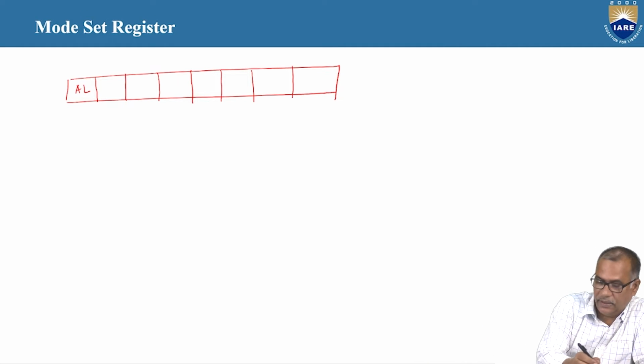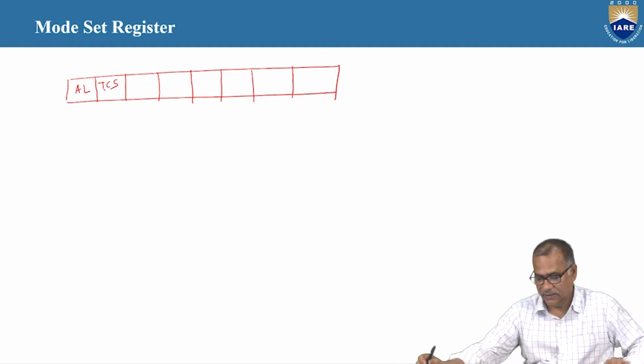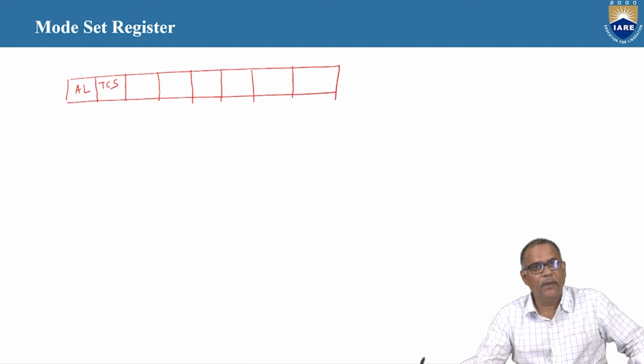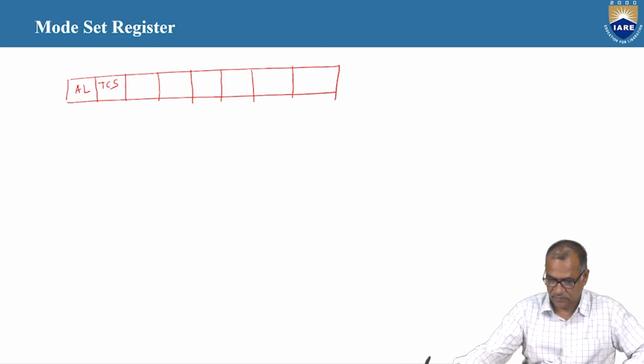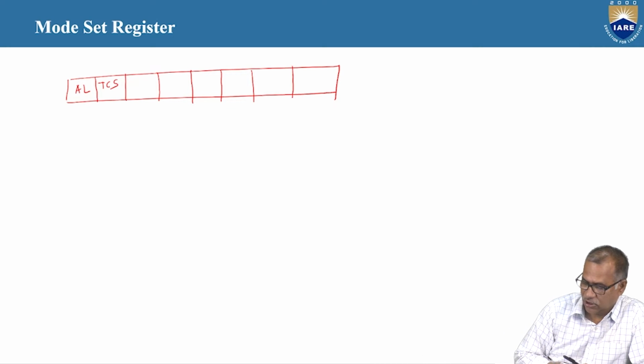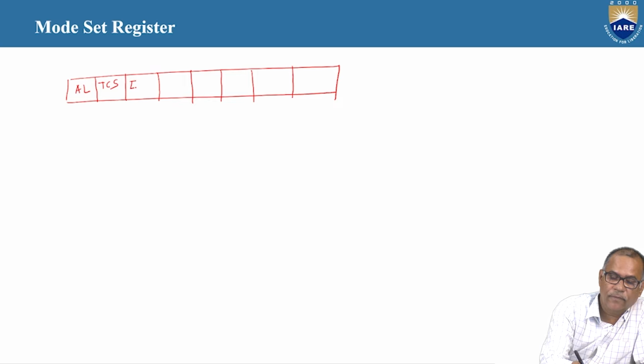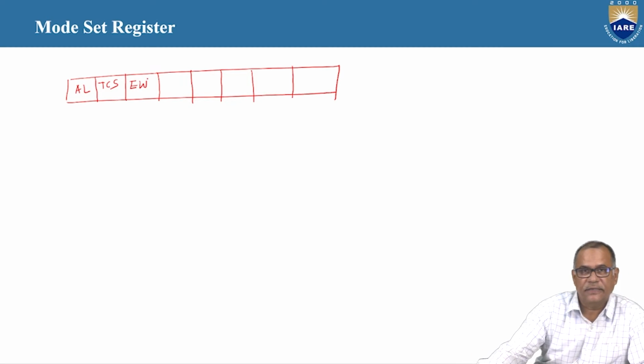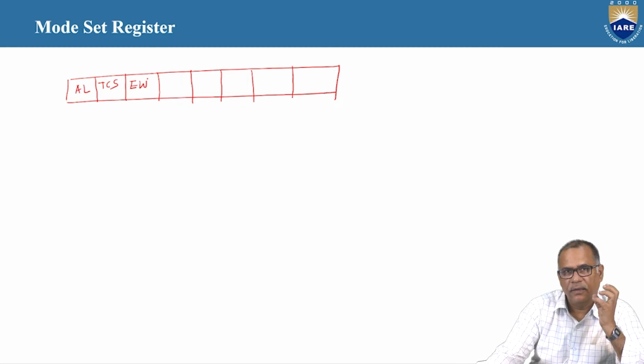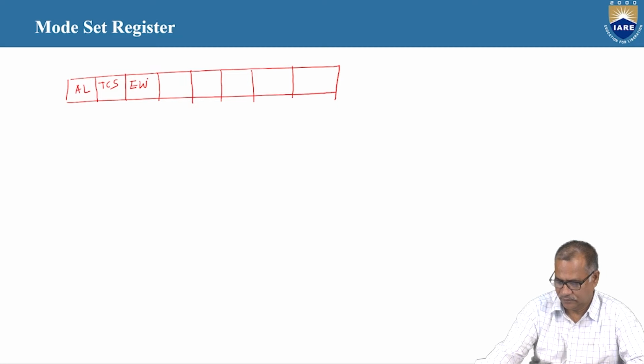That is the purpose of AL. Then TCS. TCS is stop DMA on the terminal count. So terminal count stop. And EW is extended write. For performing operations on slow devices, the extended write adds one extra clock pulse so that slow devices are accommodated.